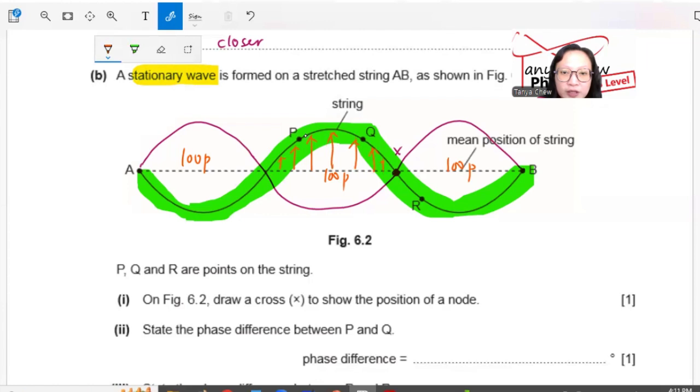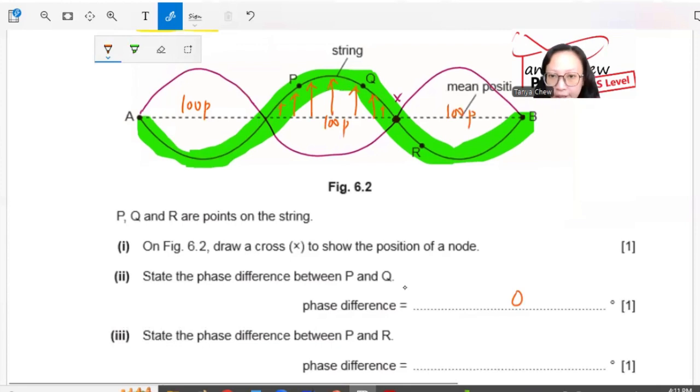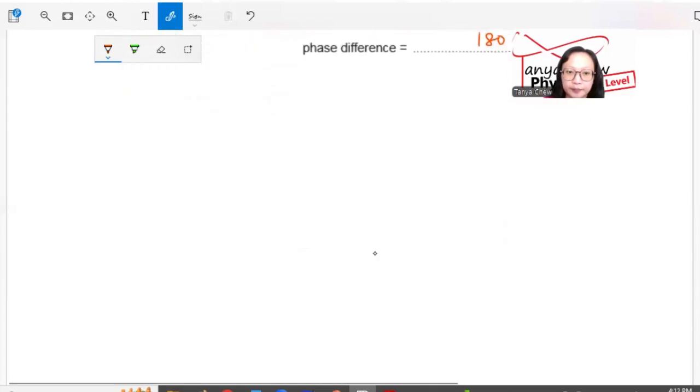All the particles between this loop are vibrating upwards. So P and Q has 0 degree phase difference. But what about P and R? To form this wave profile, all the particles must be vibrating downwards. So P and R, the phase difference is 180 degrees. That is how you see.